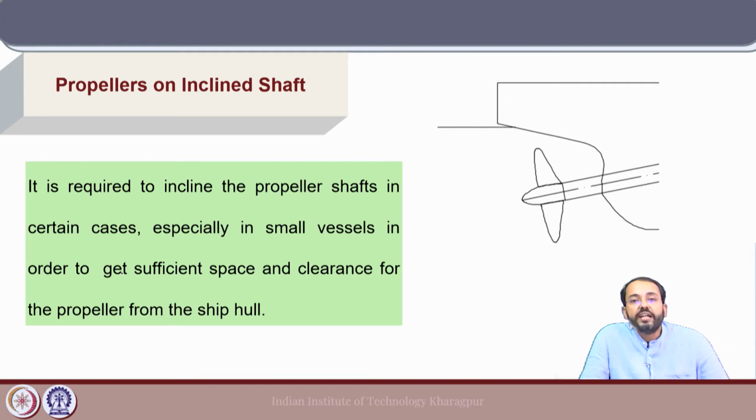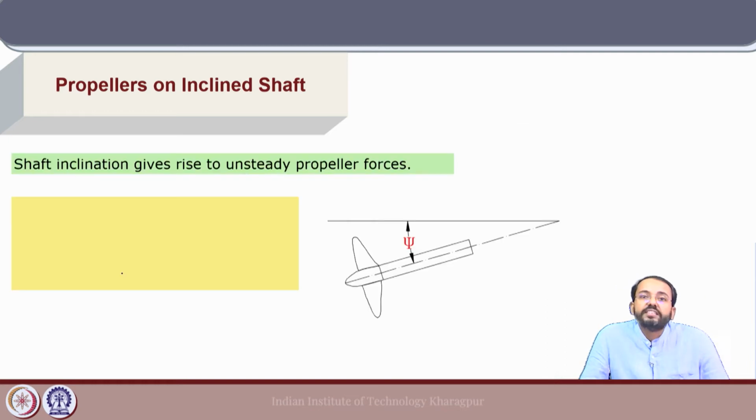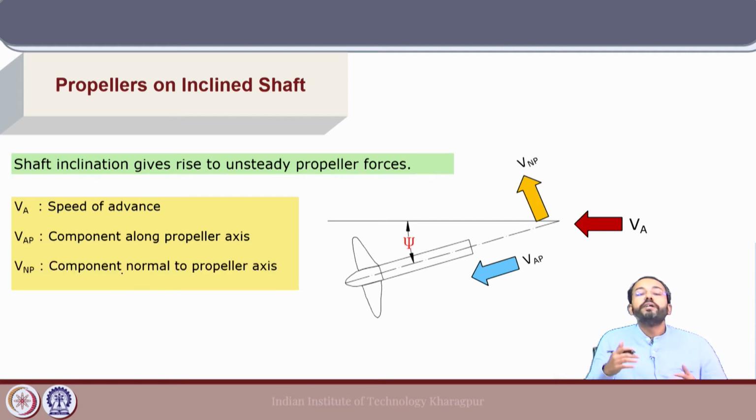So, in order to maintain the clearance from the ship hull, the shaft of the propeller is inclined, and because of that a greater space can be obtained for the propeller in the stern of the ship. Now, for inclined shaft propellers, there are additional unsteady forces that will be encountered because of the velocity components that come due to the shaft inclination.